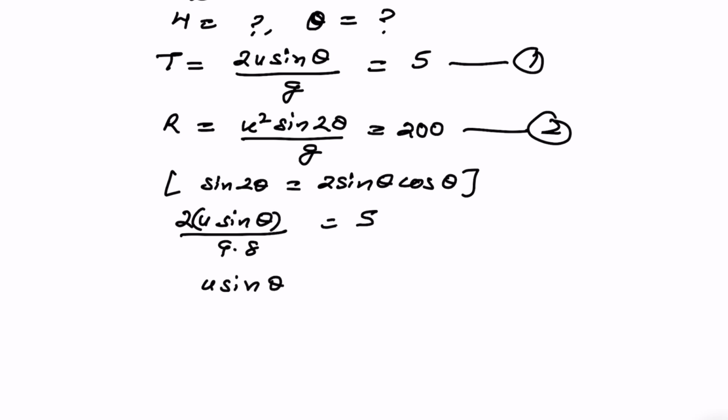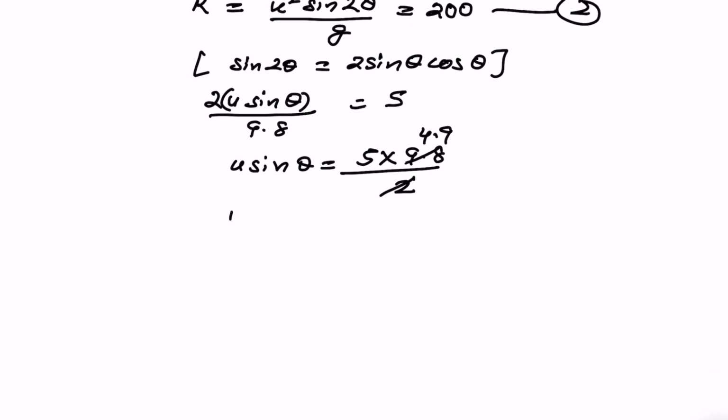U sin theta will be 5 into 9.8 divided by 2. I have taken 2 to the other side. Now 2 into 4.9 is 9.8, so u sin theta is equal to 5 into 4.9, that will be 24.5 meter per second.